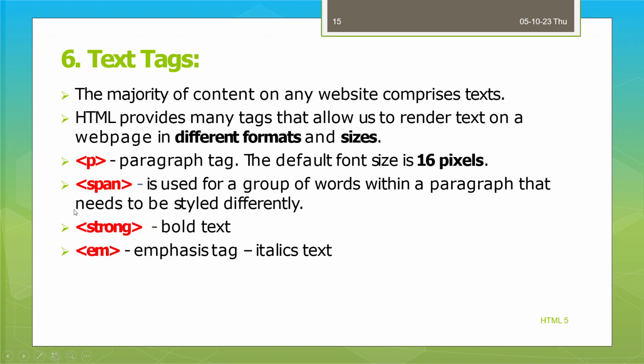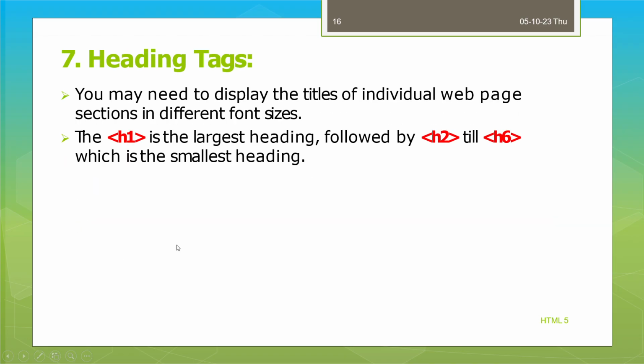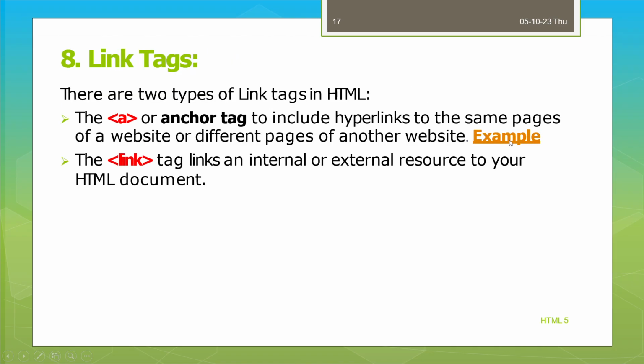The strong tag makes our text bold, and the em tag, the emphasis tag, is used to make our text italic. Then, we know that there are 6 types of heading tags, starting from H1, H2, H3, H4, H5 and H6. The H1 tag is the largest size, the title size, and H6 denotes the smallest heading size.